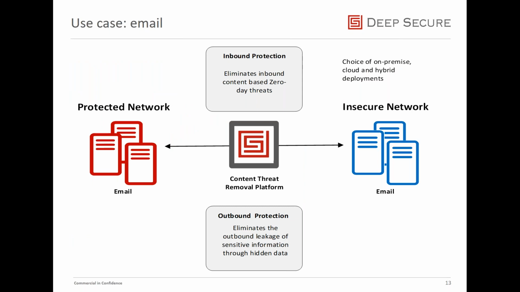In the case of email, the content threat removal platform can be deployed on-premise, in cloud, or as a hybrid deployment. The message itself and all attachments are then transformed. The business content is extracted along with any relevant metadata, and new email messages and attachments are then created from scratch on the other side of the boundary point before they continue on their journey.